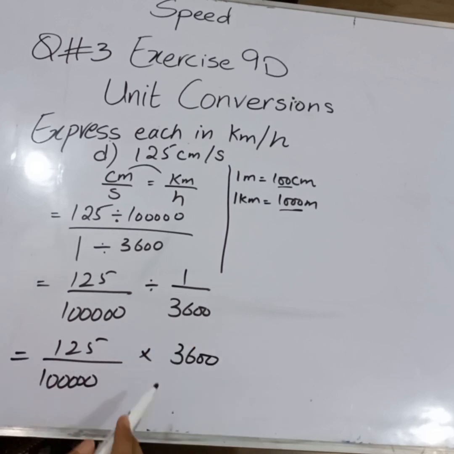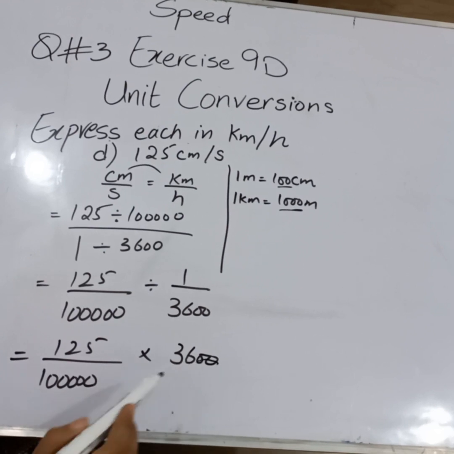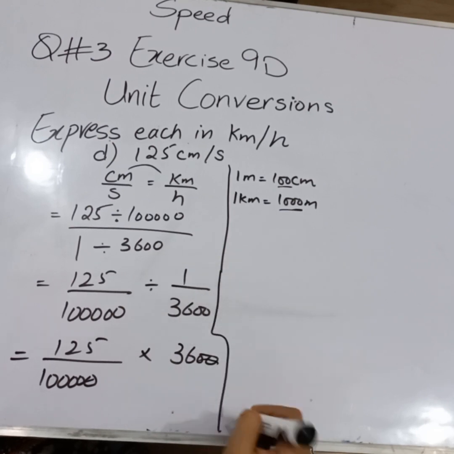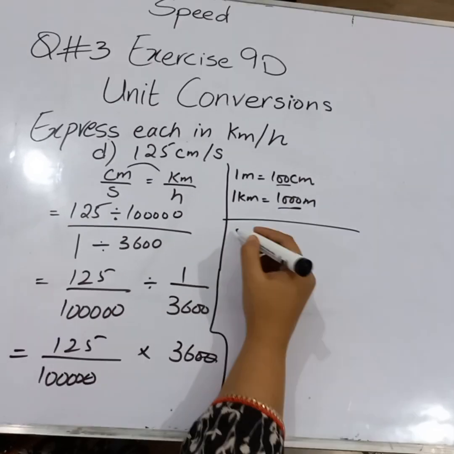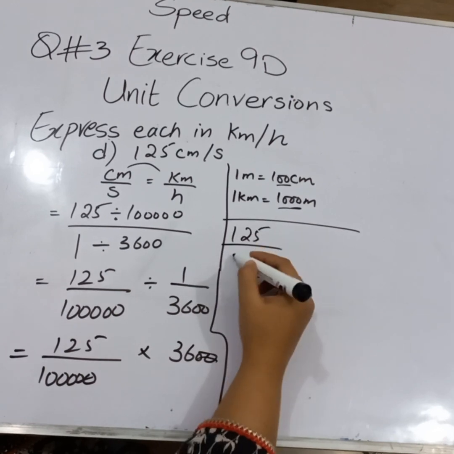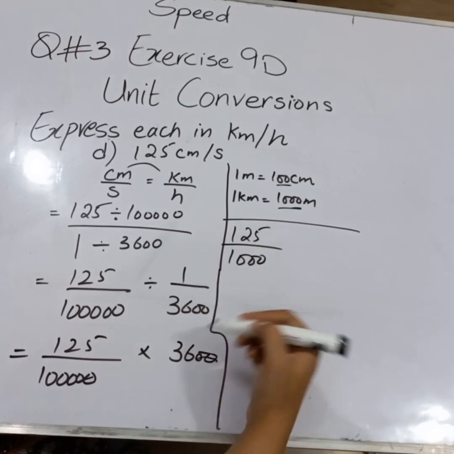Now we will cut the zeros. These two zeros will be cut by these two, and then we can do more cutting of it. 125 divided by, only 1000 is left here and there is 36.